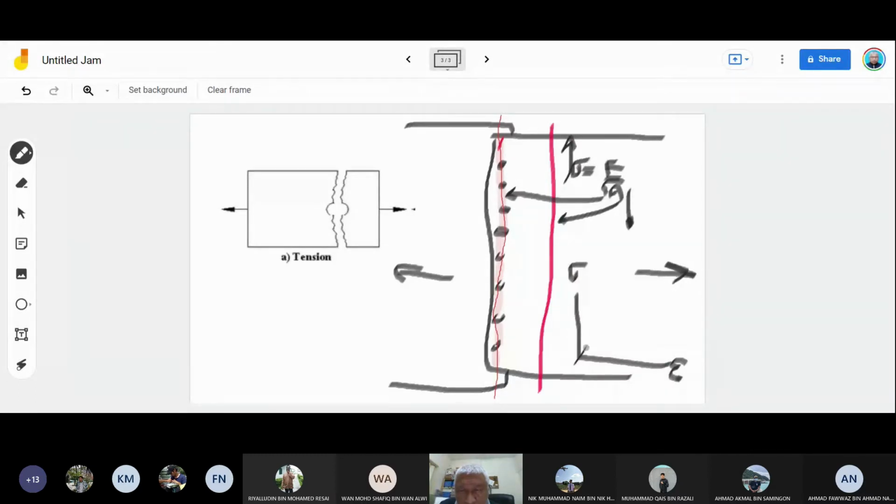You see the stress will grow to a point where it will break. So if the stress here is higher than this point, then this area will be broken off. And that is, you see, how Aloha Air failed.